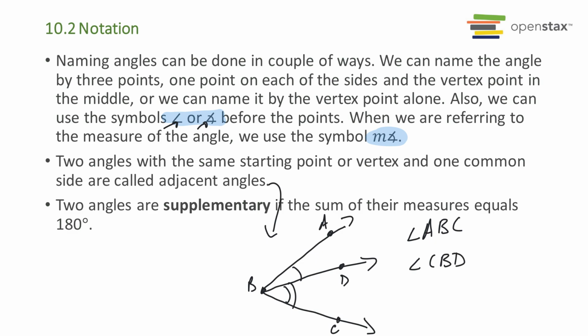They share a common ray, ray BD. That is what makes them adjacent. If two adjacent angles sum up to 180 degrees, we call those supplementary. So supplementary angles add up to 180 degrees.